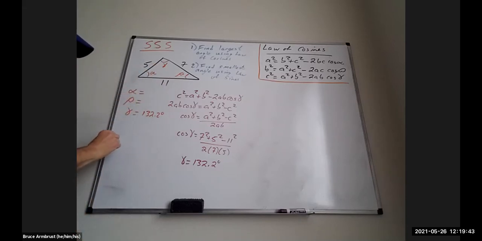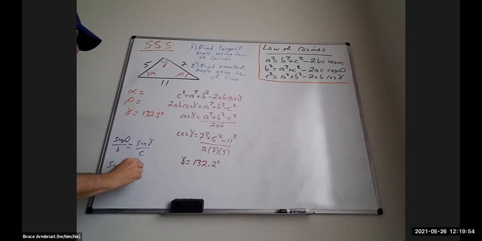So I'm going to do sine of beta over b is equal to sine of gamma over c. So sine of beta is going to equal 5 times the sine of 132.2 divided by 11.